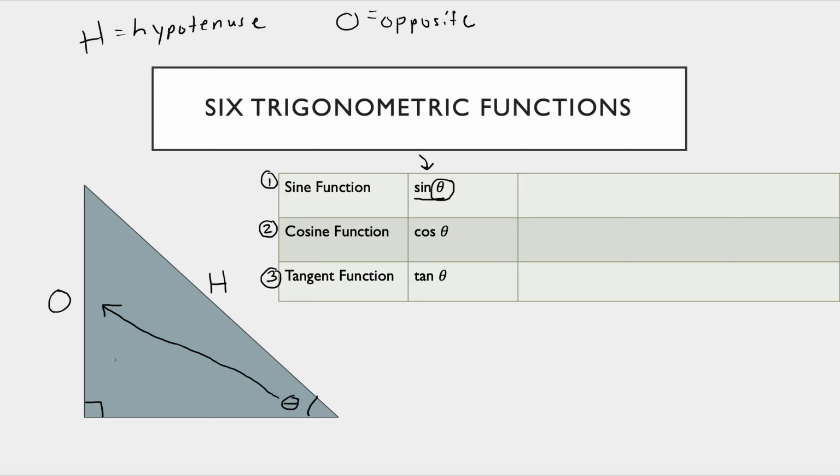So we'll place our angle theta, and then the side across from it, that is going to be the O. And then the other side, which is technically the side next to the angle that we're looking at, that's going to be A, and A is going to stand for adjacent. Adjacent just means next to.